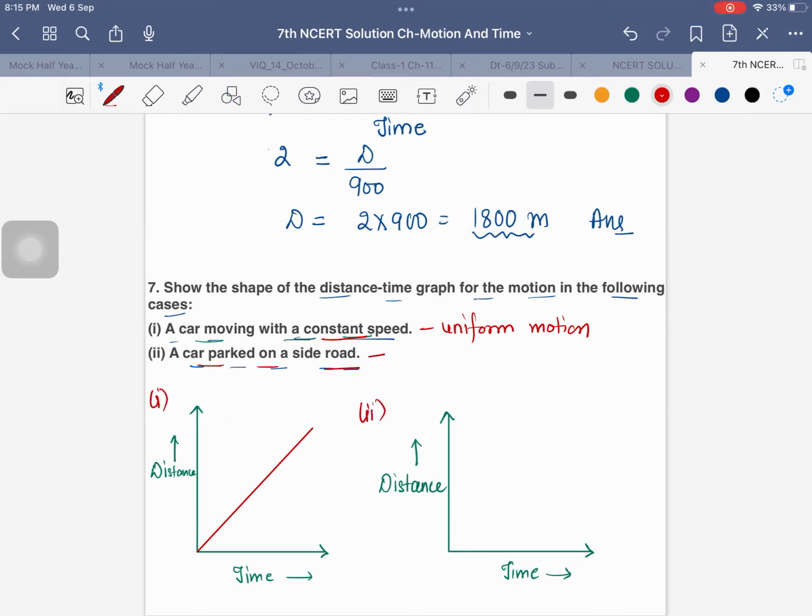So it's not moving, it is in rest position. So we get a straight line parallel to the time axis. It shows that distance is the same. So these are the graphs that show a car moving with constant speed and a car that is not moving.